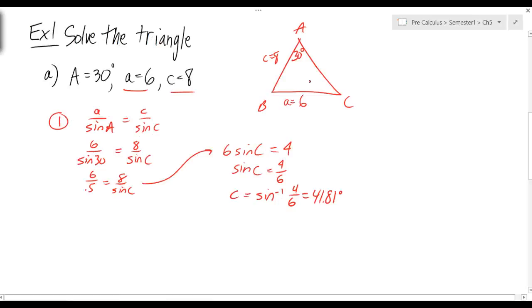So now if we say that C is 41.81 degrees, we see that it is possible to find the third angle B. Angle B would equal 180 minus 30 degrees minus 41.81 degrees. So that tells us that angle B is equal to 108.19 degrees.